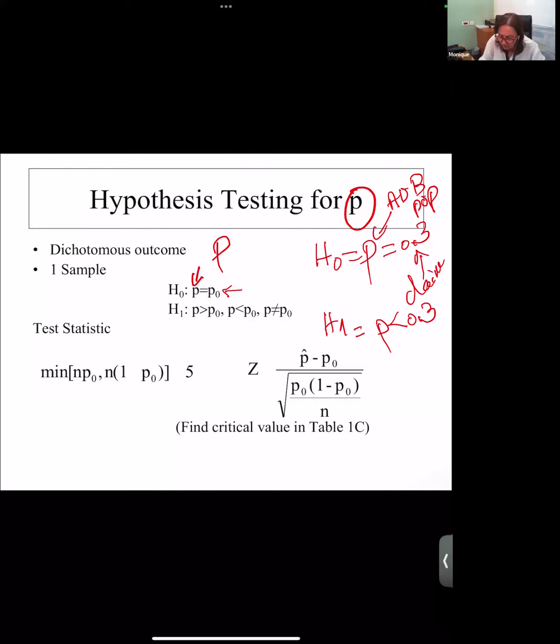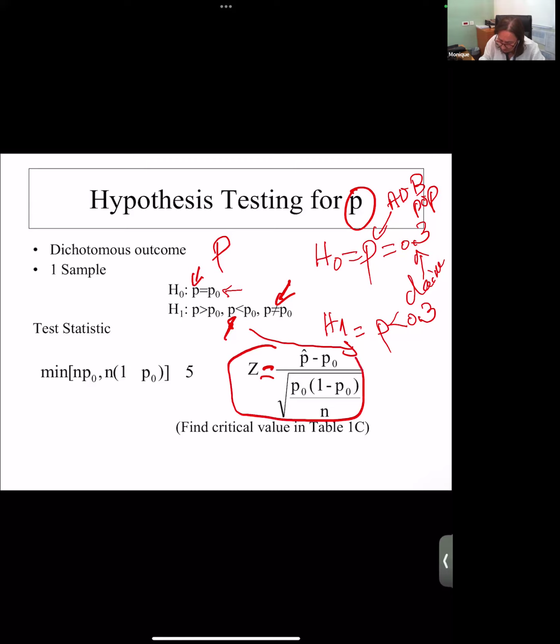So the H1 could be P greater than P0, P less than P0, as I'm stating it for my example for illustration, or P different than P0. So it depends. This is the two-tailed, where I'm not interested in bigger or less. So I do a test of statistics. This is the test of statistics.